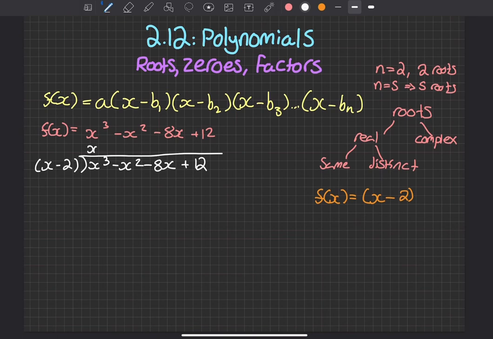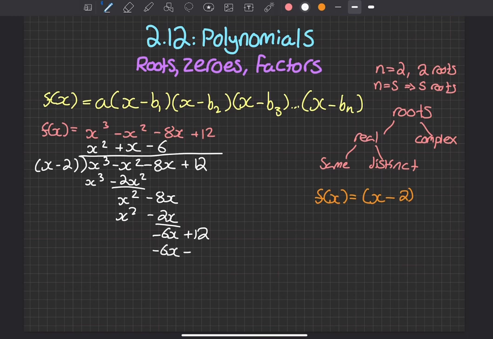So if you're not sure what I'm doing now, just go back and find it. But basically, yeah, you just do long division, x squared minus 8x, so this has to be x, 6x plus 12, and hence this is minus 6. And your result has to be 0.